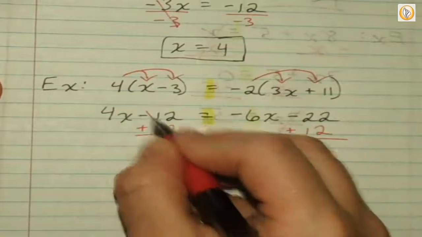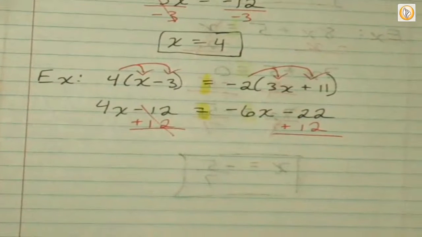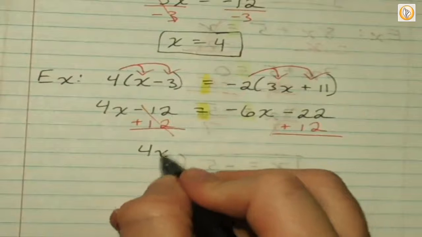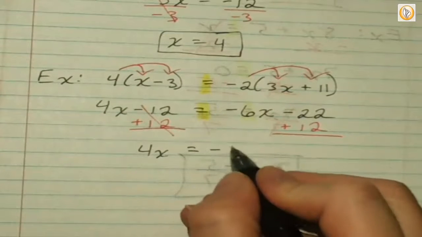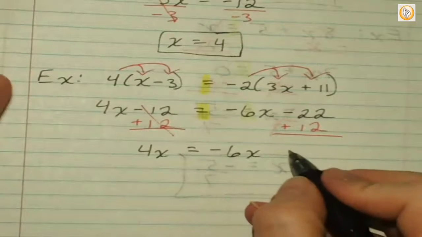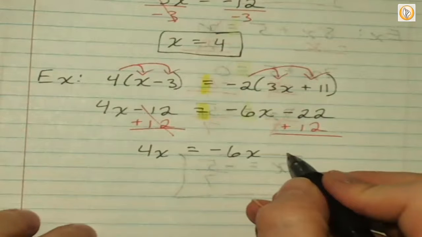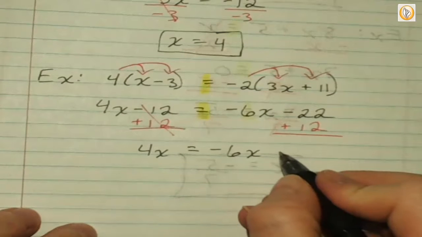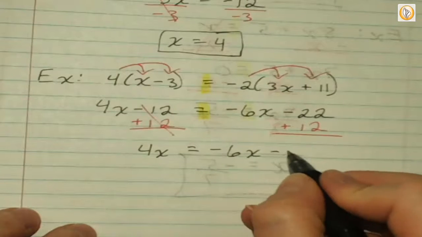Good job. So I'm left with 4x equals negative 6x. And what is this one? 10. Positive or negative? Negative 10. Good job, Michael.